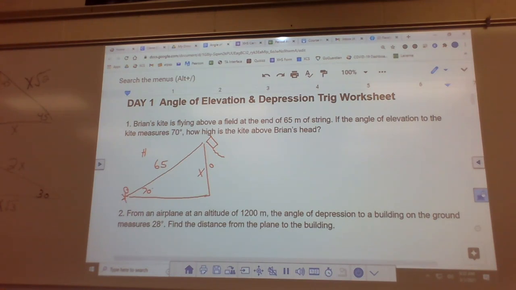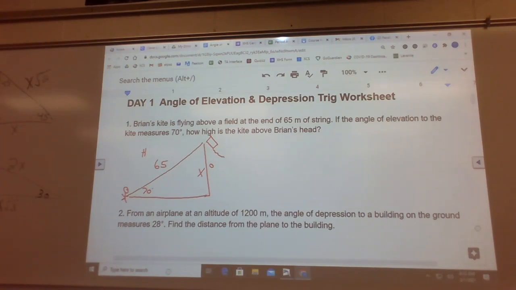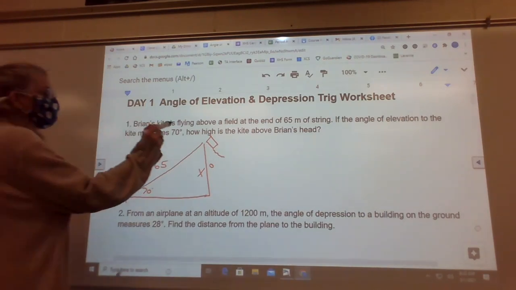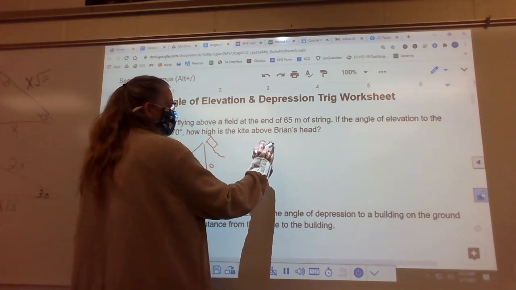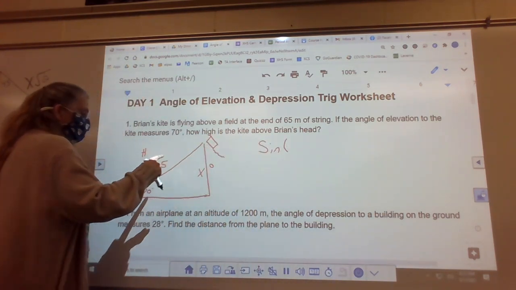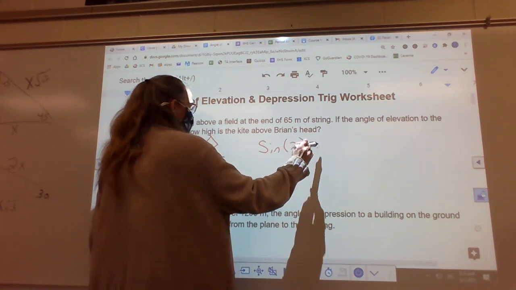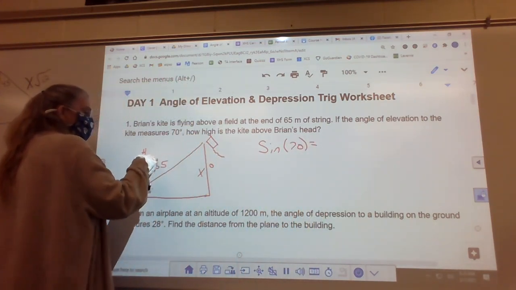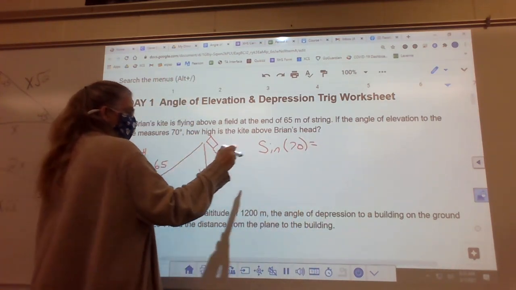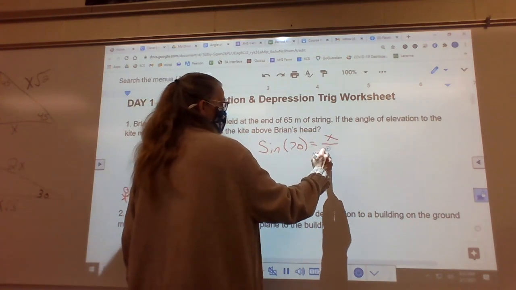So which trig function am I going to end up having to use? Sine. So my problem is going to be sine of the degree, which was 70, equals opposite over hypotenuse, X over 65. That's my setup.